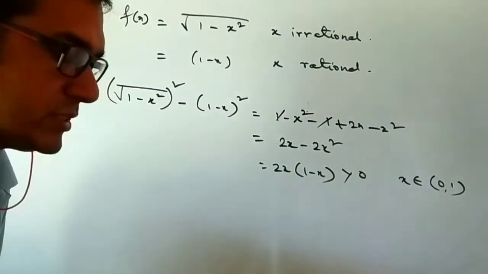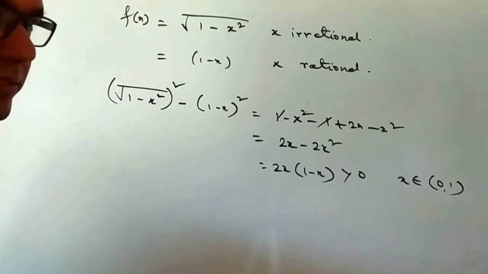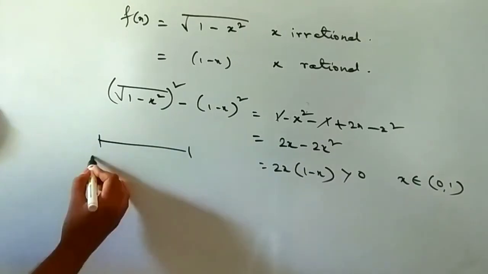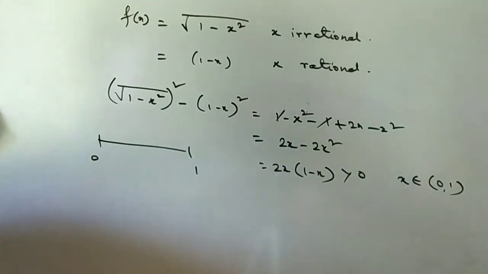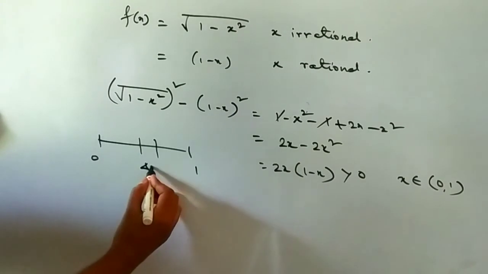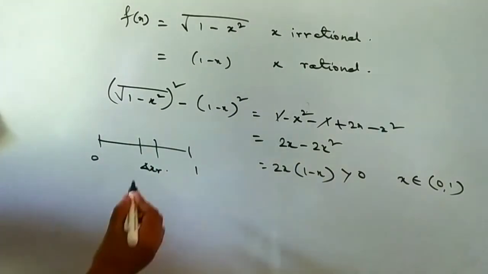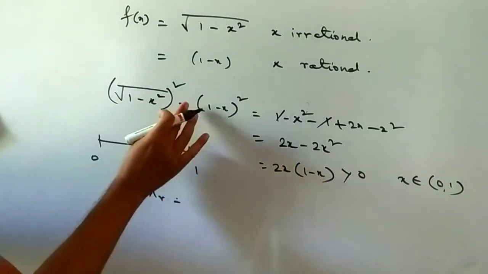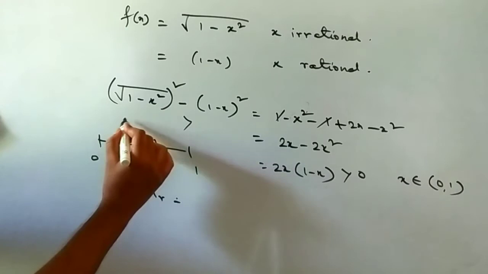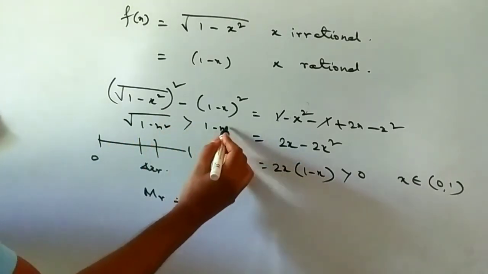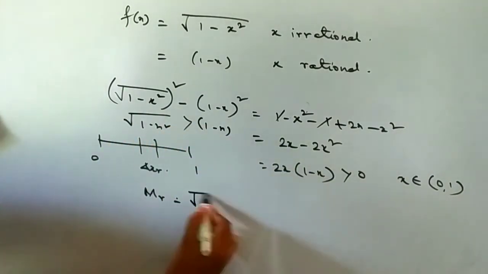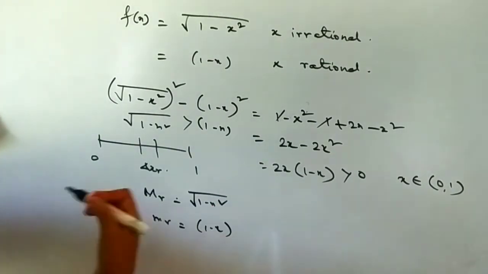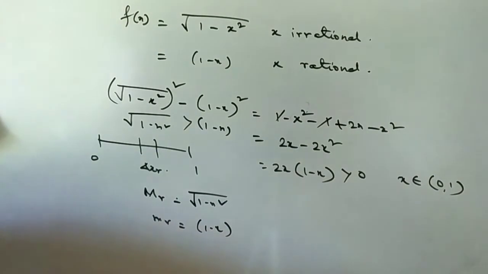So from this condition, in any subinterval of (0, 1) of length del xr, capital Mr equals root 1 minus x square, and small mr equals 1 minus x. Right?